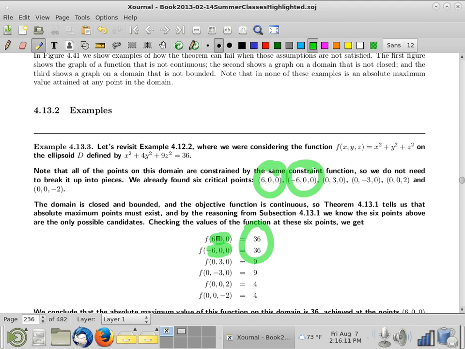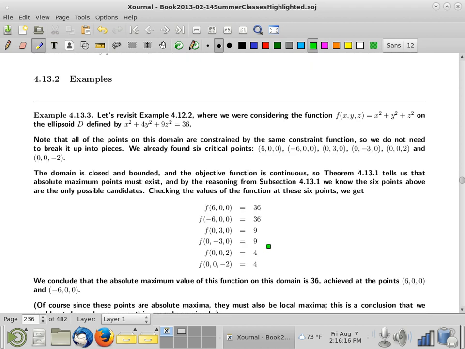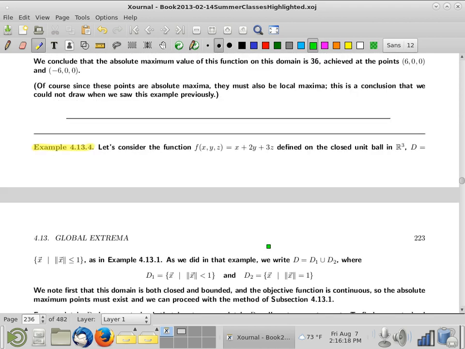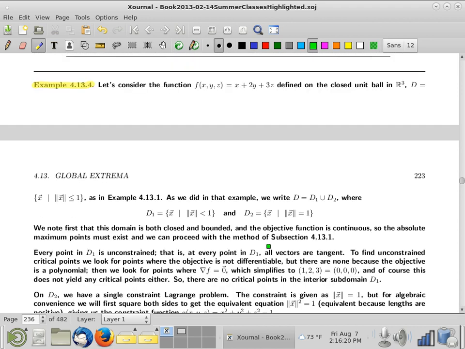Okay. Now that sort of finishes off that example from the previous section. Let's see one now where we have to break it up into pieces. We'll use subdomains, so we're going to consider this function. And you'll notice that's a continuous function. We're going to consider that function on the closed unit ball in R3.